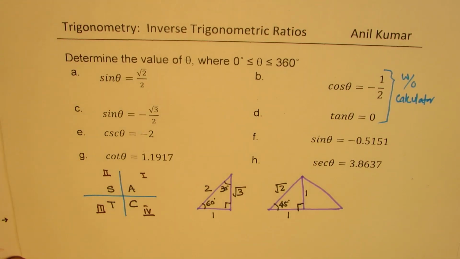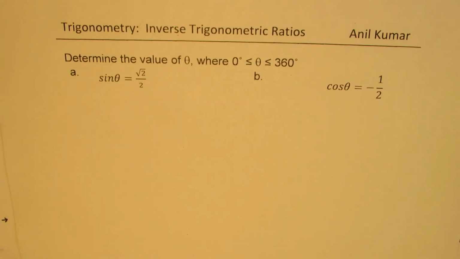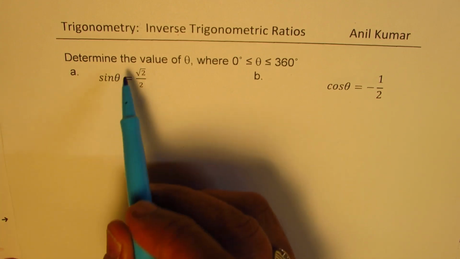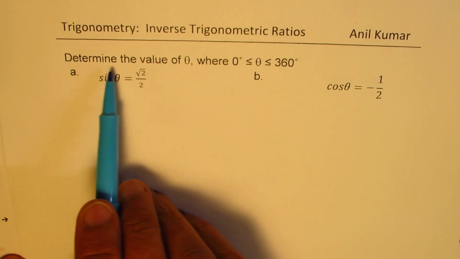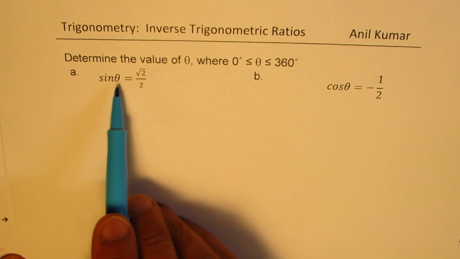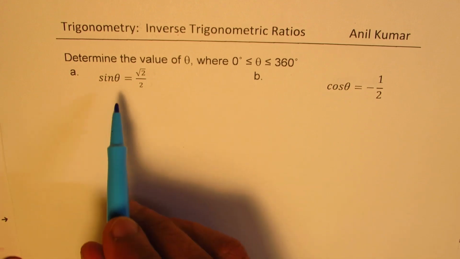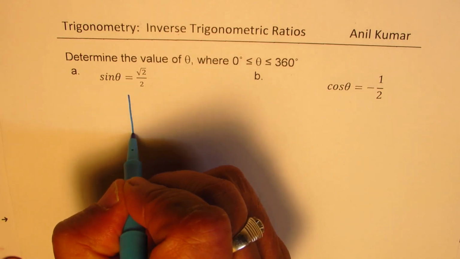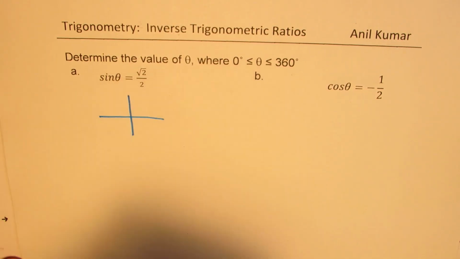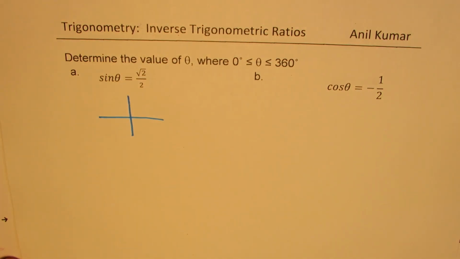Now let's begin and see how to solve these questions one by one. So let's begin with sine theta equals square root of 2 over 2. We need to determine the value of theta, this angle, where theta is between 0 and 360. So in the first case, you notice that sine theta is positive.